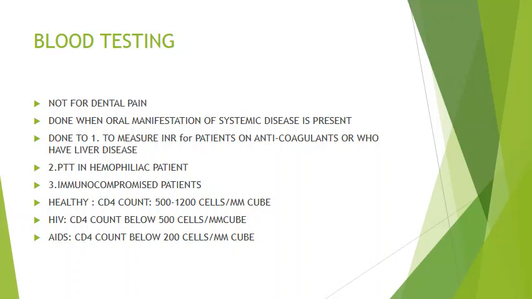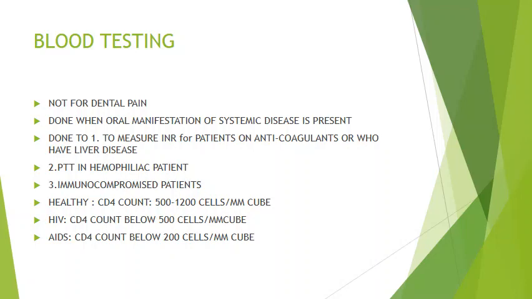As we know, a healthy CD4 count is 500 to 1200 cells per mm cube. HIV positive is a CD4 count below 500 cells per mm cube, and AIDS is when the CD4 count is below 200 cells per mm cube. So we'll do blood testing when the patient is immunocompromised and you have to rule out AIDS.